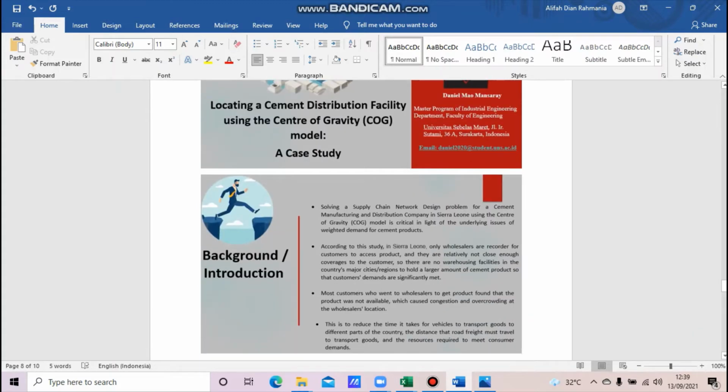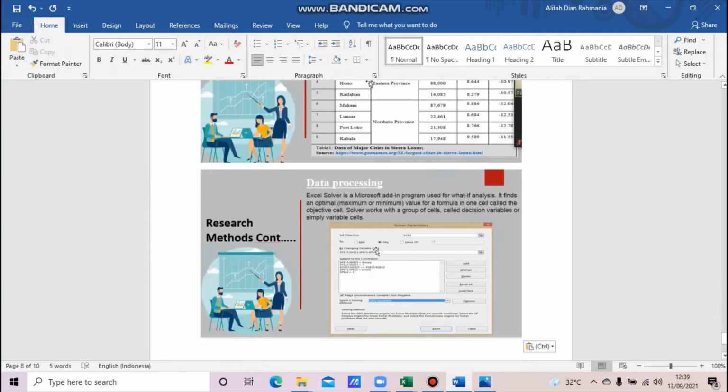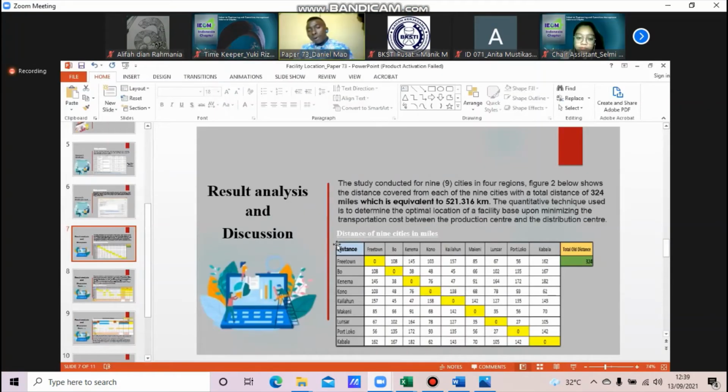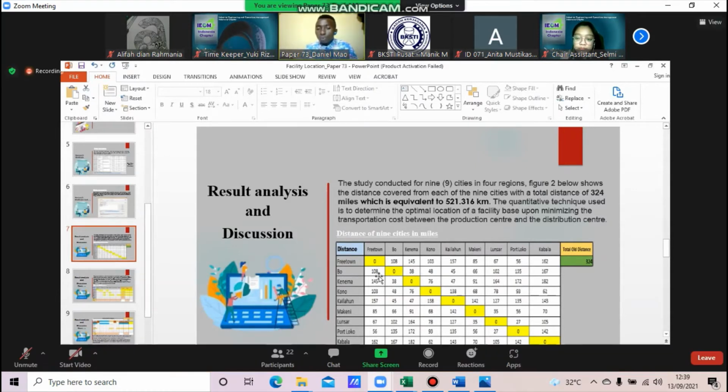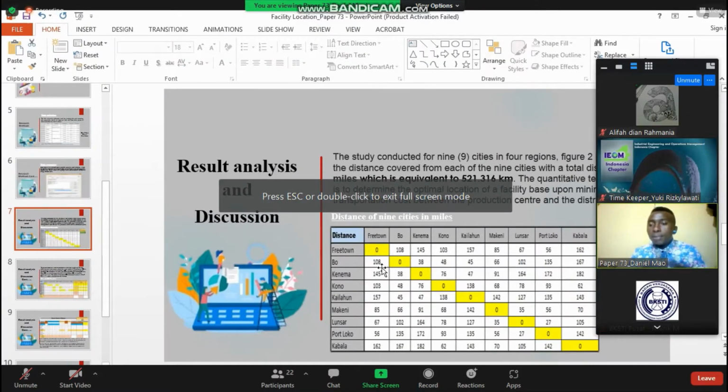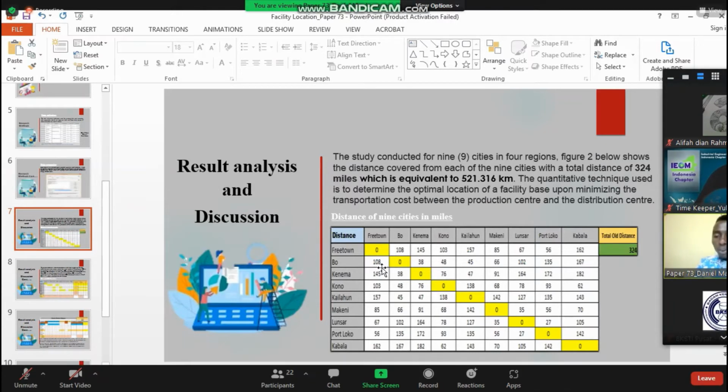Here, under the results and analysis discussion, the study was conducted for 9 cities in 4 regions, which I've shown earlier. This shows the distances from one city to the other.